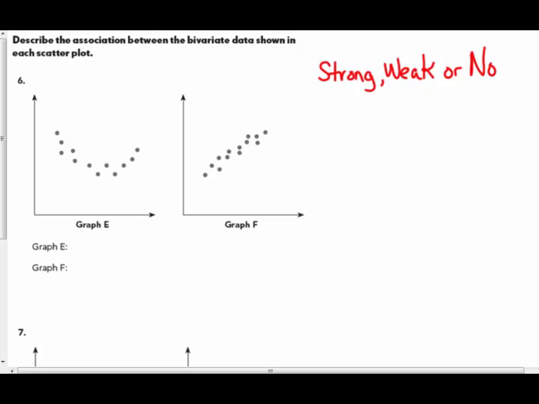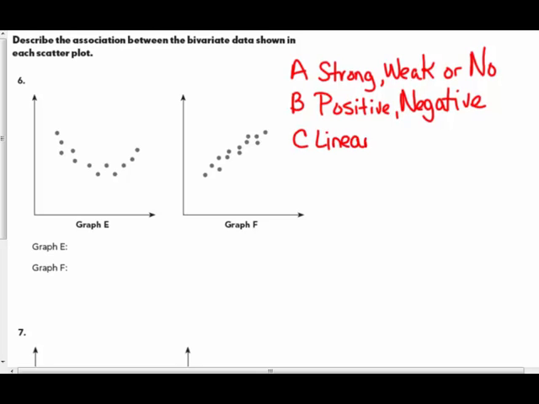So that's the first thing we're going to look for. It can be positive or negative, second thing we're going to look for. And the third thing we're going to look for, is it linear or nonlinear?